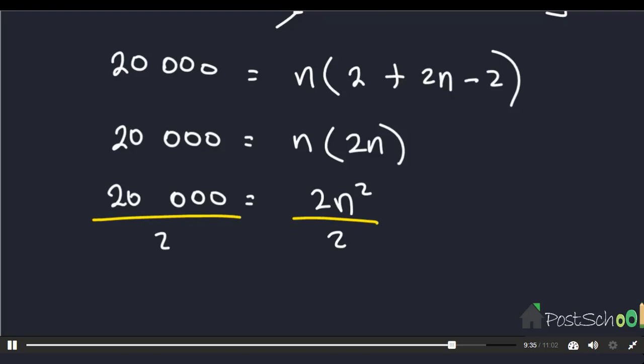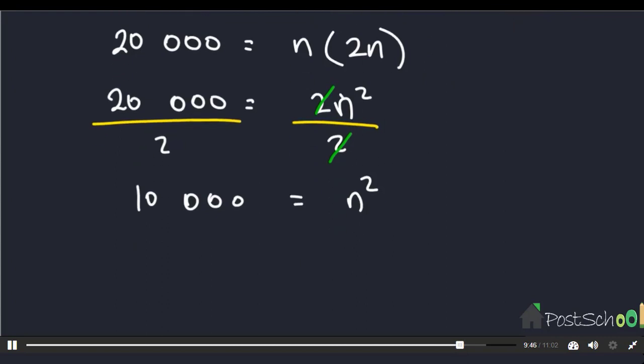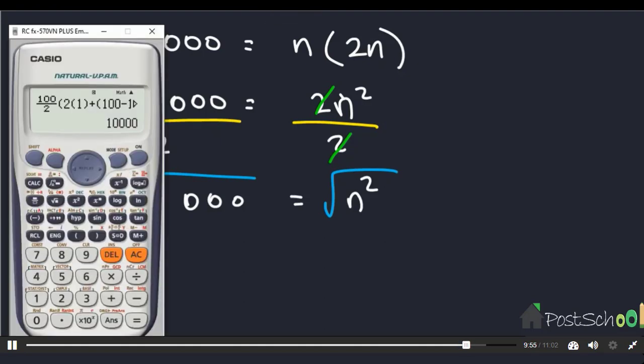Then 2 will cancel 2, and we are left with 20,000 divided by 2, which is just 10,000 equals n squared. And then let's take the square root on both sides. Let's just use our calculator for this case: the square root of 10,000 is just 100.